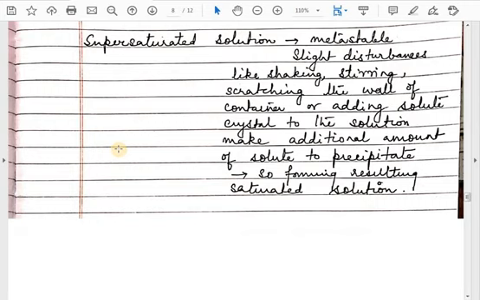A supersaturated solution is barely stable, between stability and instability. If you have slight disturbances, or if you add a solute crystal to the solution, it will make the additional amount of solute precipitate, forming a resulting saturated solution. The resulting solution is saturated, other than the crystal portion which is precipitated.